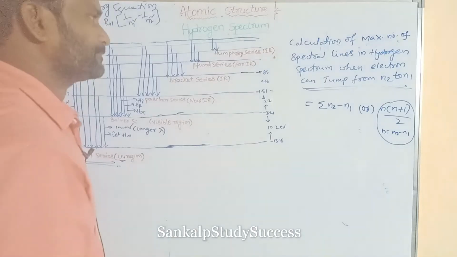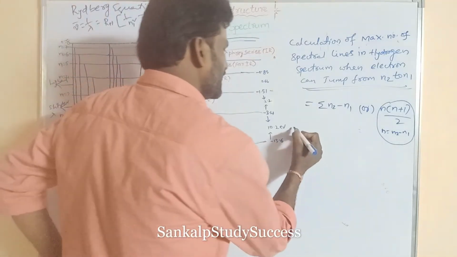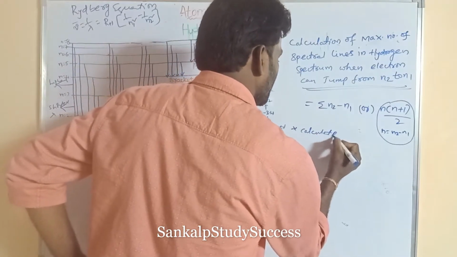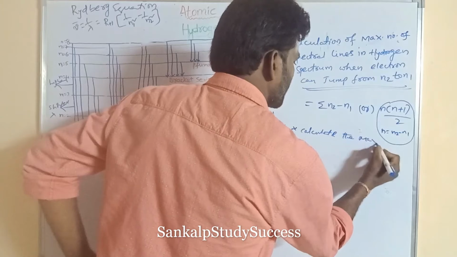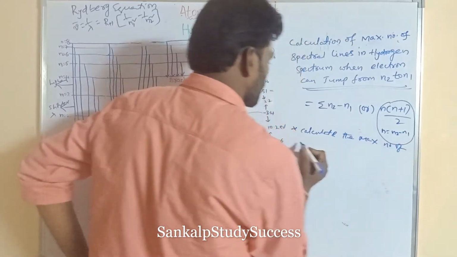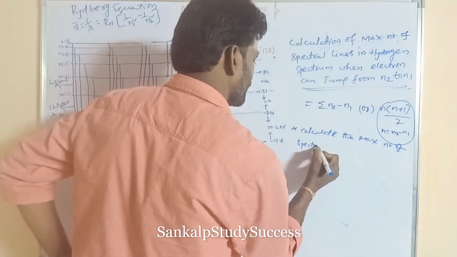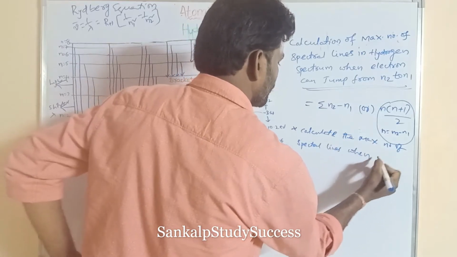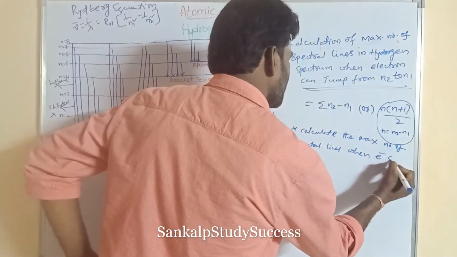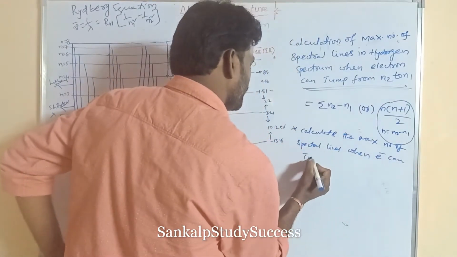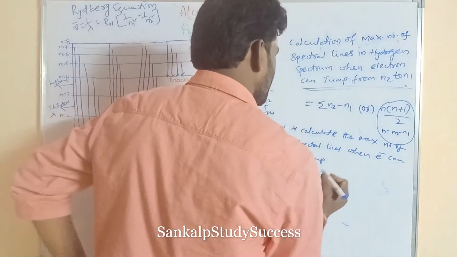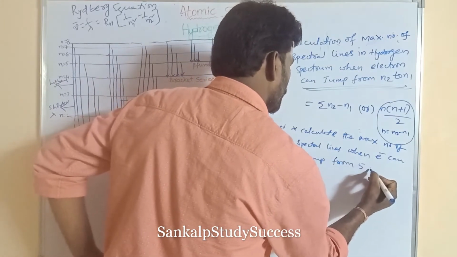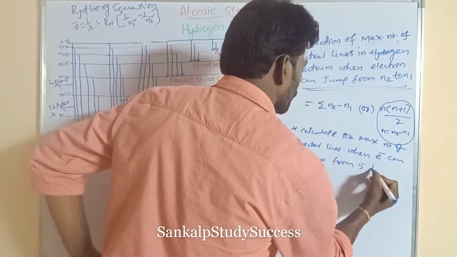Now listen to me. Calculate the maximum number of spectral lines when an electron can jump from 5 to 1.